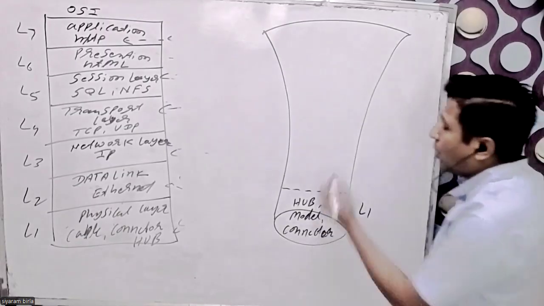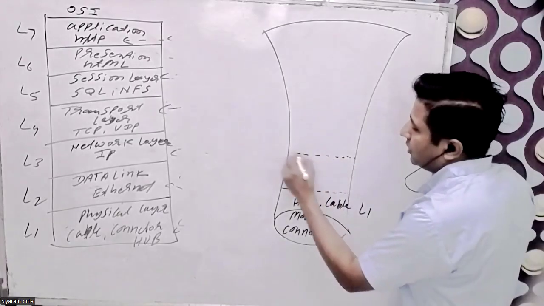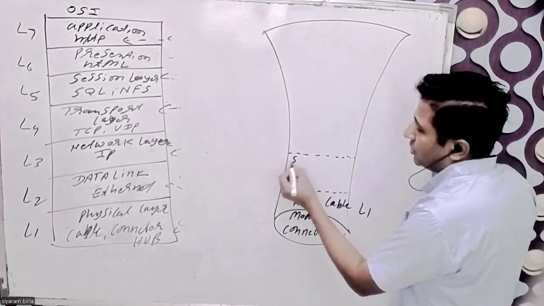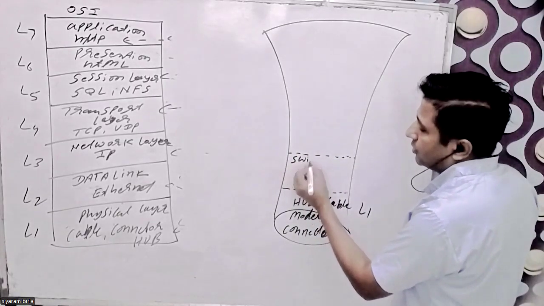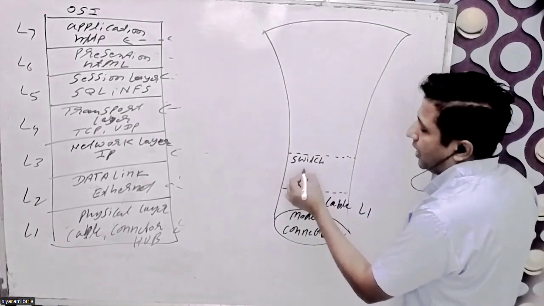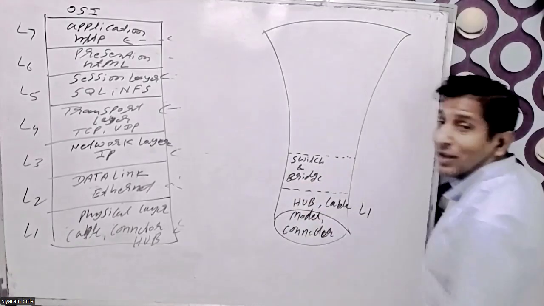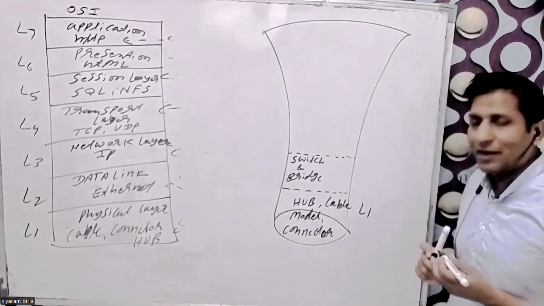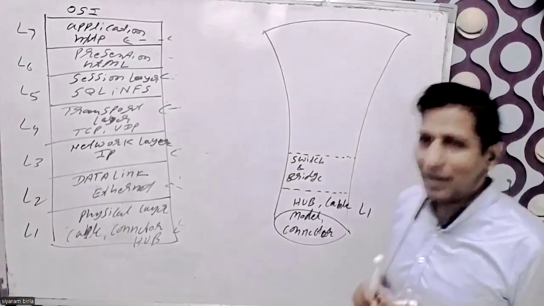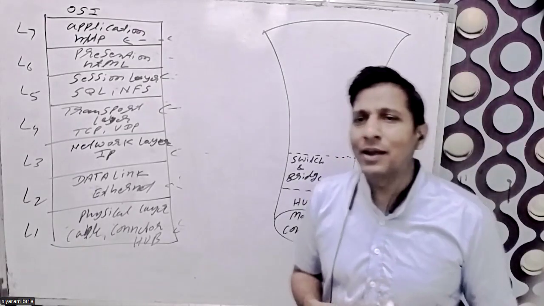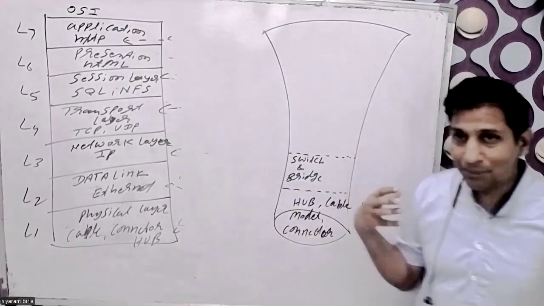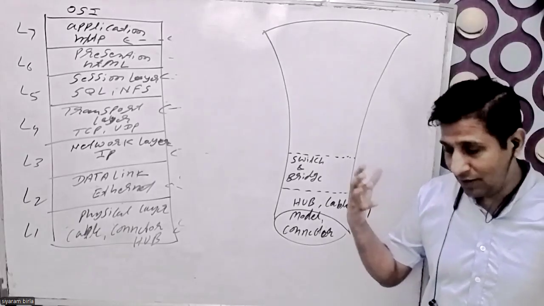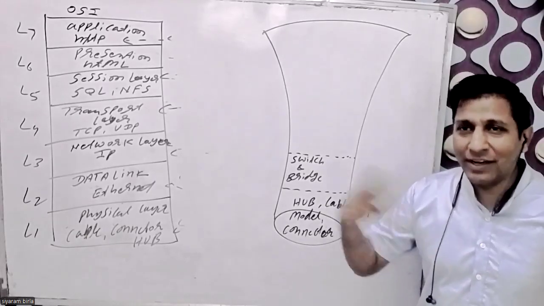But if I talk about the switch and the bridge, they have memory. They have multiple collision domains but a single broadcast domain. They have memory, the PLC and the VHDL language.